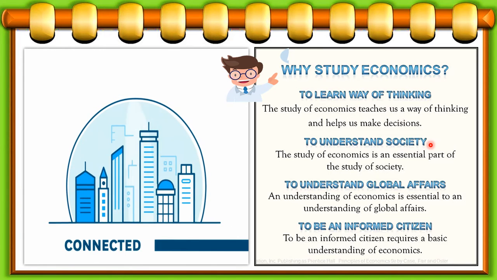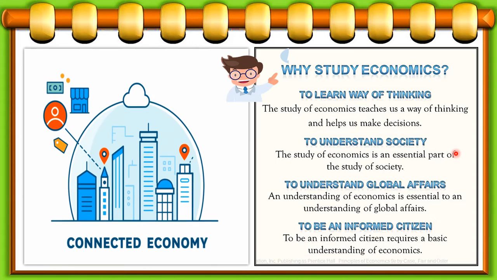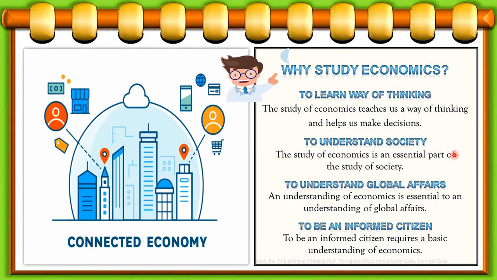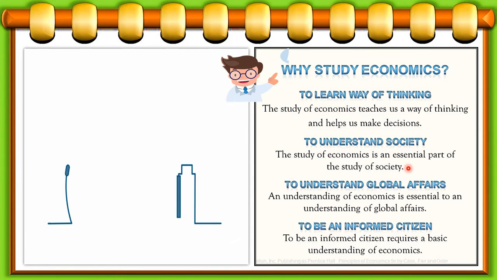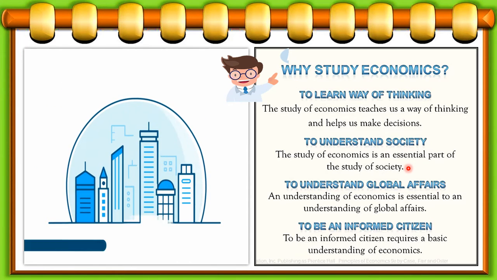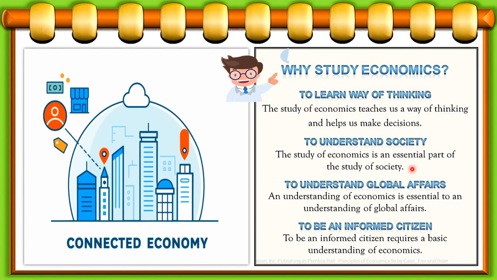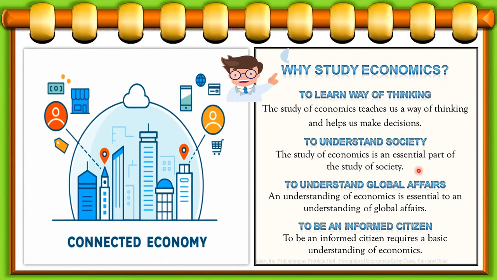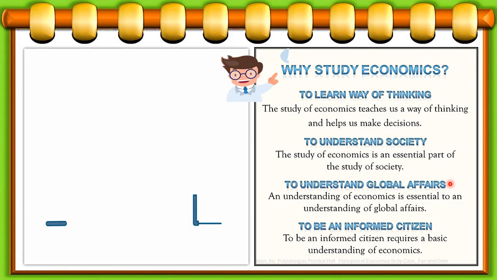Number 2, to understand society. The study of economics is an essential part of the study of society, the community, and of course, the people. Because we are involved in our society, we are involved in the economics. Number 3, to understand global affairs.